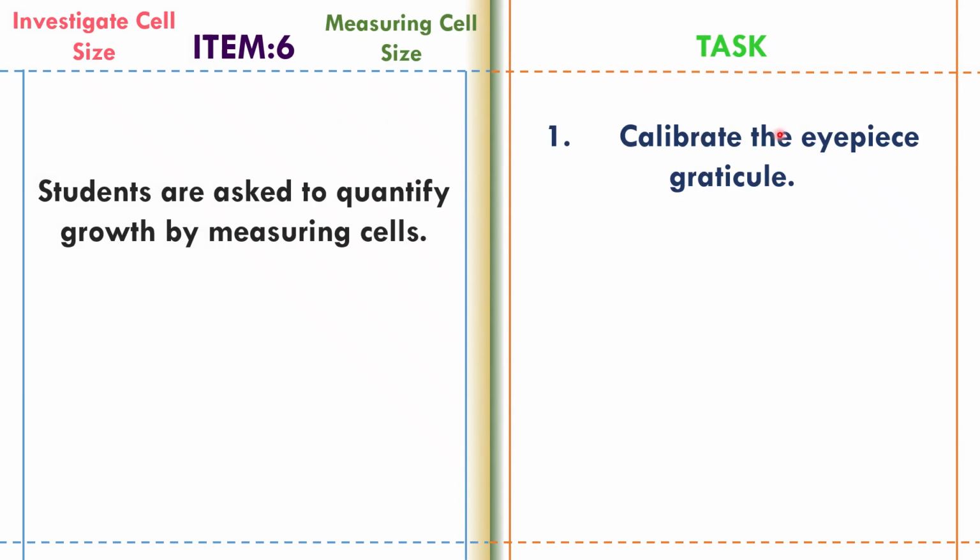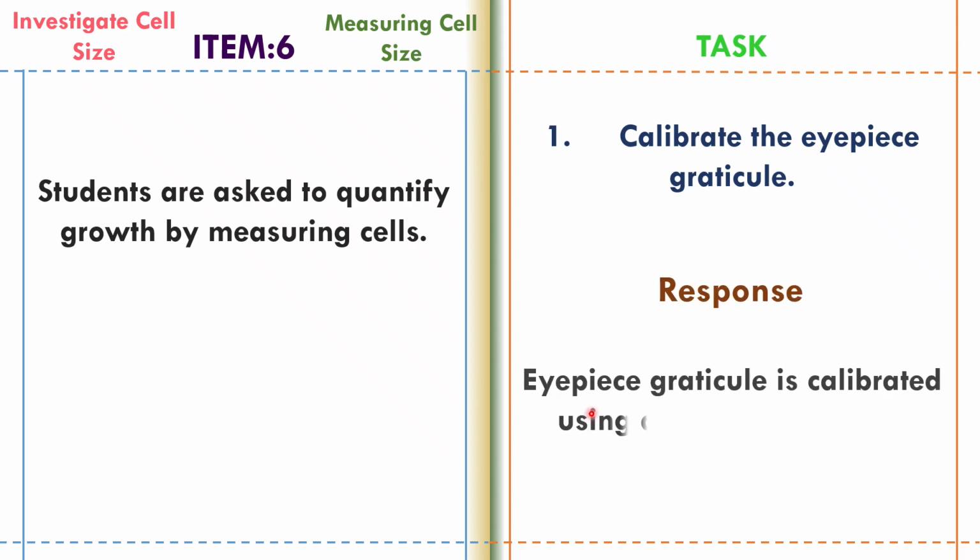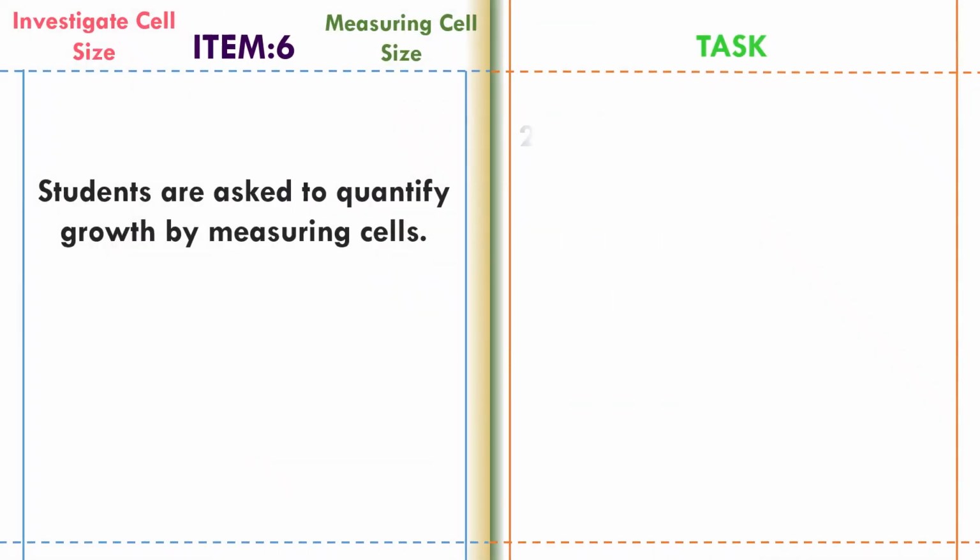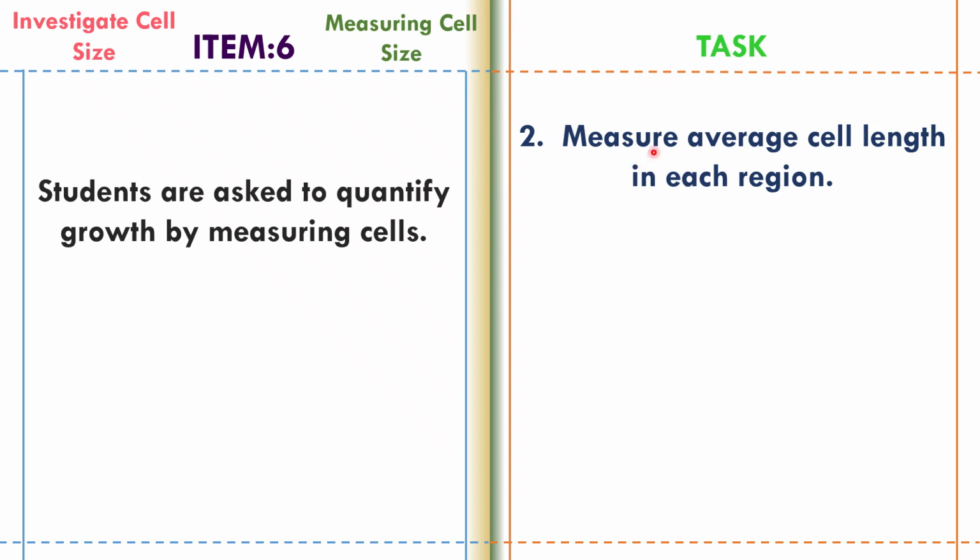Let's start by calibrating the eyepiece graticule. The eyepiece graticule is calibrated using a stage micrometer. Measure average cell length in each region.